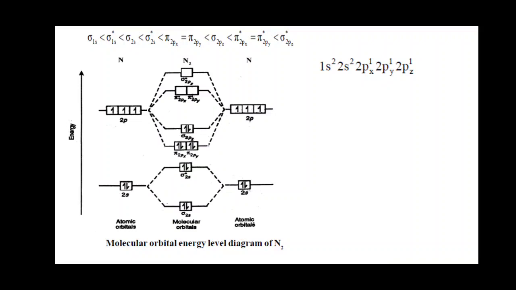The lowest energy level bonding molecular orbitals are represented by sigma, pi, delta, and the antibonding molecular orbitals are represented by sigma star, pi star, and delta star, right? So now the MO diagram of nitrogen molecule is over.